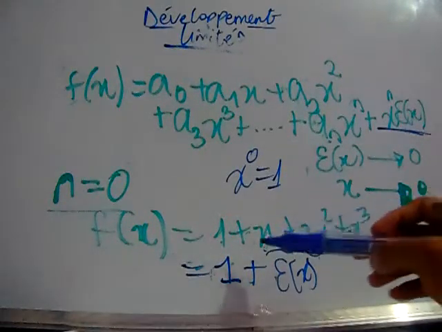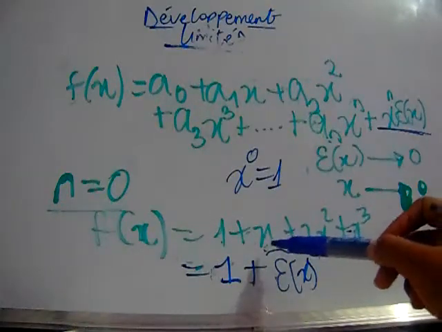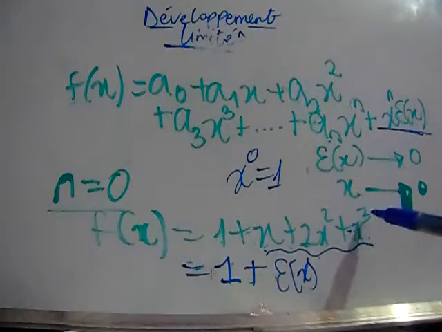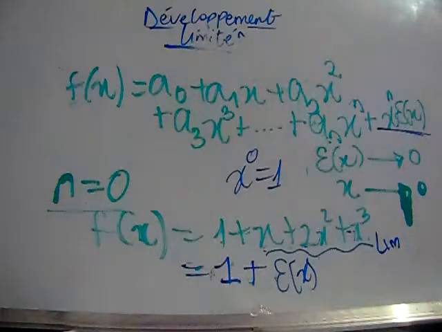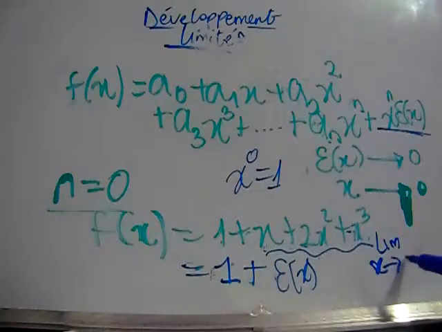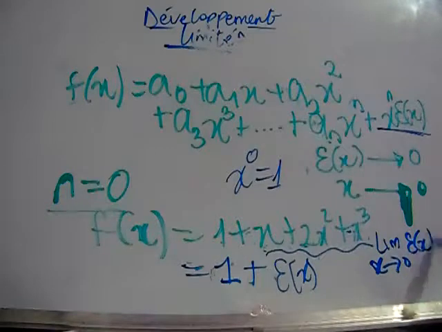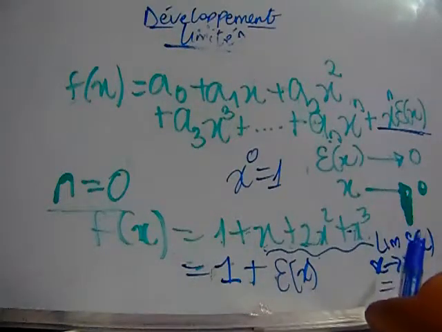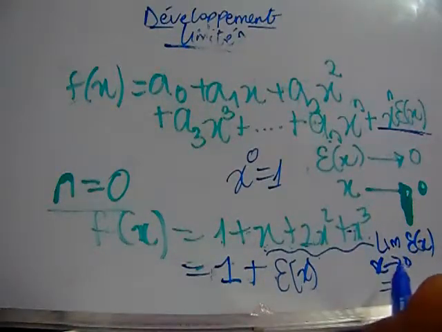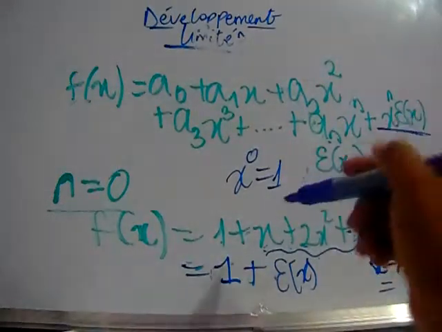So x plus 2x squared plus x raised to the power of 3, the limit when x tends to 0 of epsilon of x will be equal to, in this case, what they mean by x tends to 0 is replace your x with 0.